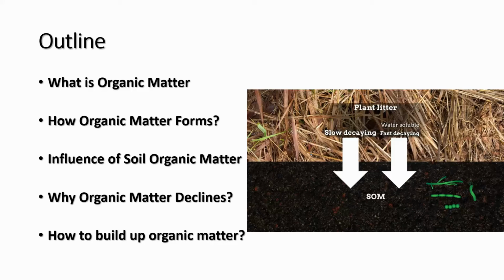If it is declining, obviously if it is better for the soil, better for the environment, we have to build it. So what are the possibilities, how we can build such organic matter? We have to study this. Let's start.